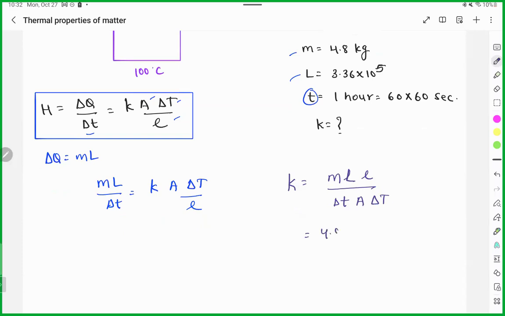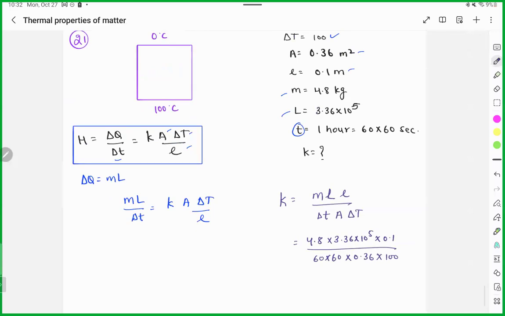What is this value? 4.8. Capital L value 3.36 into 10 raised to power 5. What is the length value? 0.1, divided by time 60 minutes, 60 seconds, 3600 seconds. Area 0.36. Change in temperature 100. You can get the answer, right?